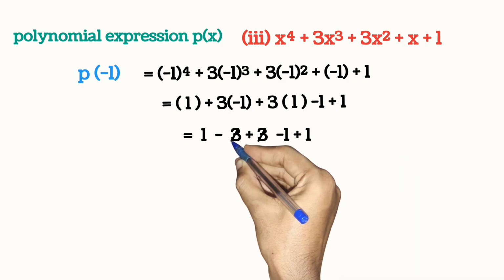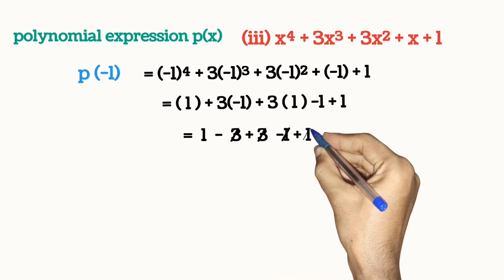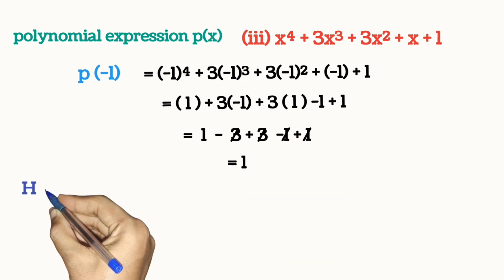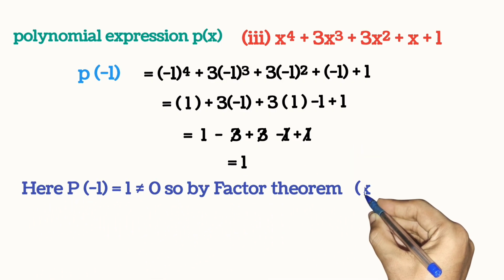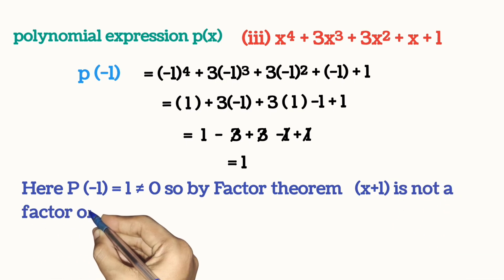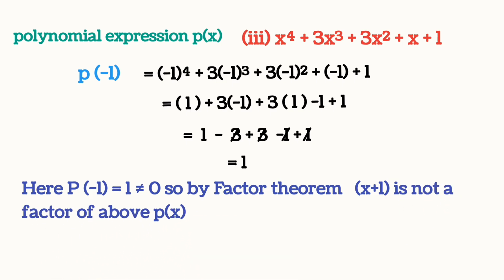Plus 3 and minus 3 will get cancelled, and minus 1 and plus 1 will get cancelled. We get 1. Here p(minus 1) equal to 1, that is not equal to 0. So by factor theorem, x plus 1 is not a factor of the above polynomial p(x).